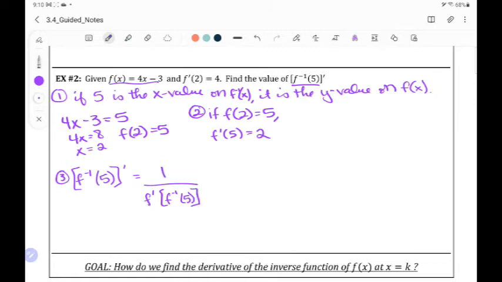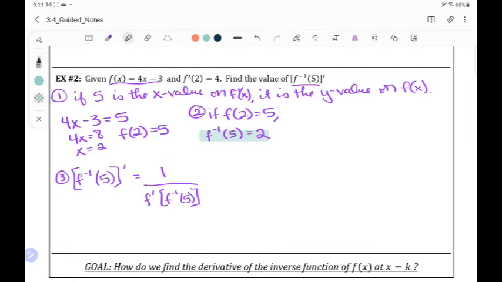Okay, so what does that mean? All right, we already said that f inverse of 5 equals 2, right? We said it right here. F inverse of 5 equals 2. Oh, look at that. I wrote f prime. I meant f inverse. Let me fix it.